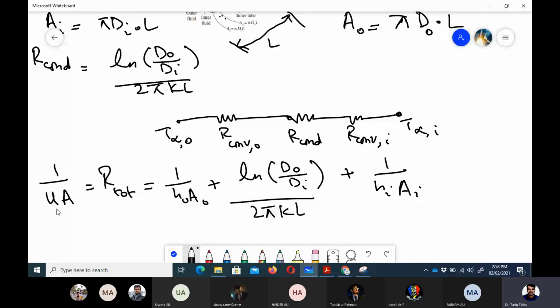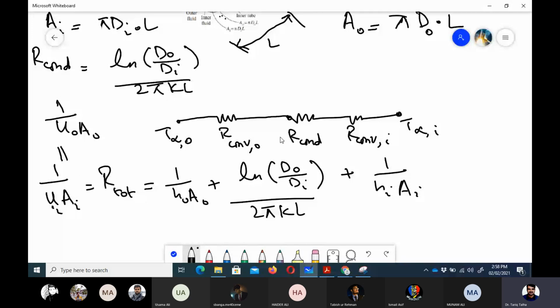So U can be on the inner radius or the outer radius of the pipe. It means that here we can also write U i A i, or it can also be equal to 1 upon U outer into A outer. So it all depends on how we want to define this overall heat transfer coefficient. All this discussion we did in the last class.